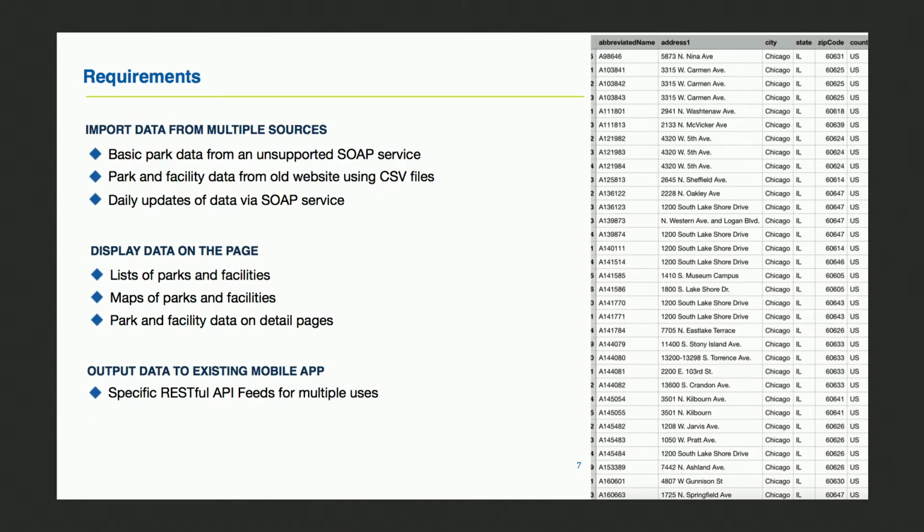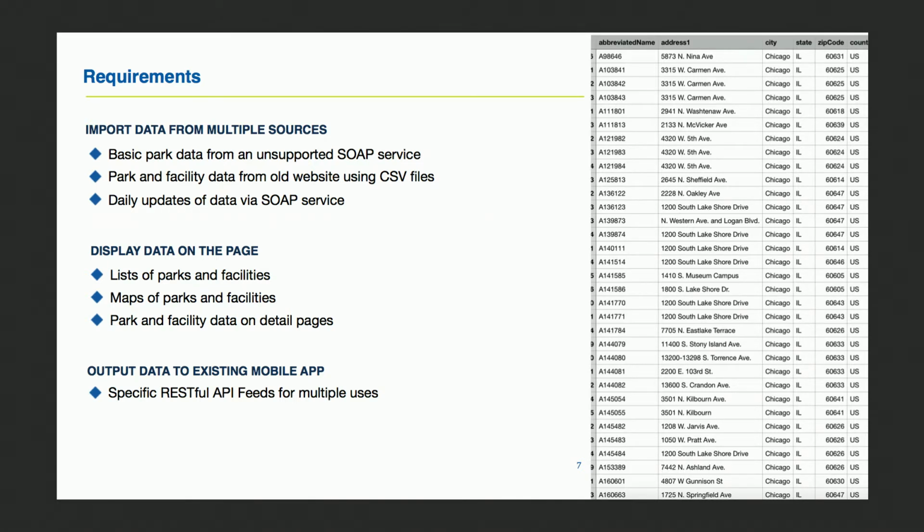Third requirement was they have a mobile app for events called My Chi Parks, and you can check in at parks for points and find events at the parks with that app. So we had to supply feeds for that app to consume. So we had to do a lot with this location data, and it was very challenging, fun, and interesting.